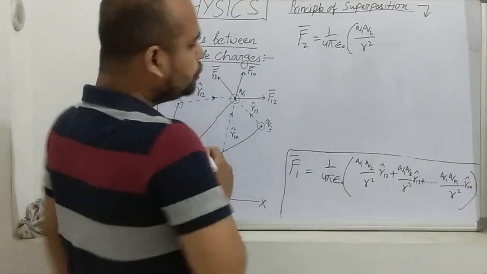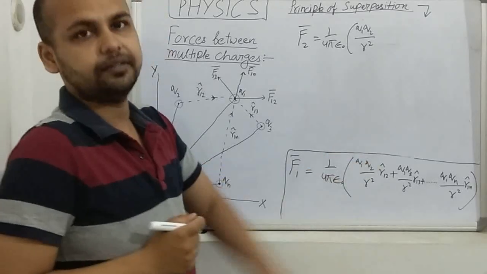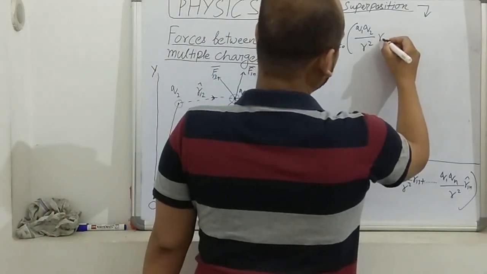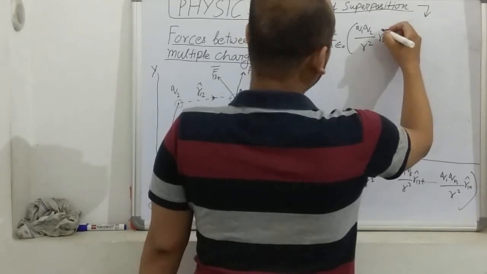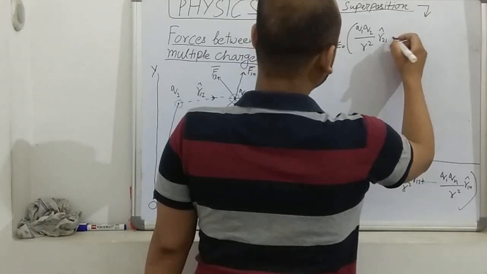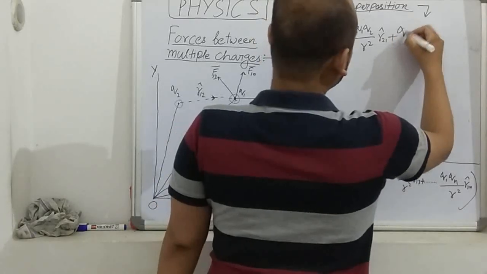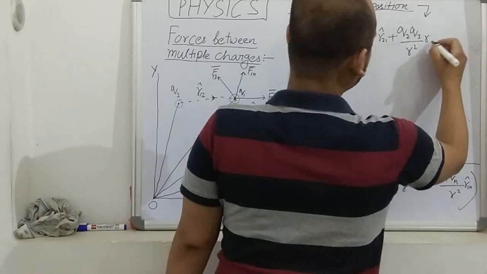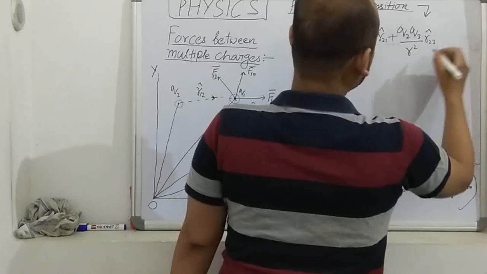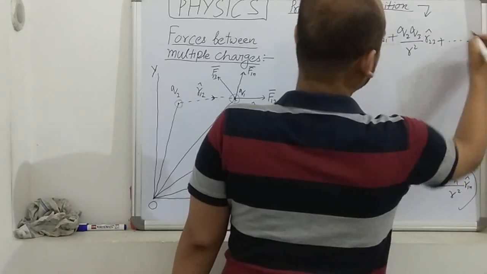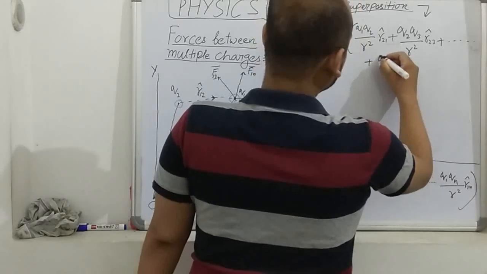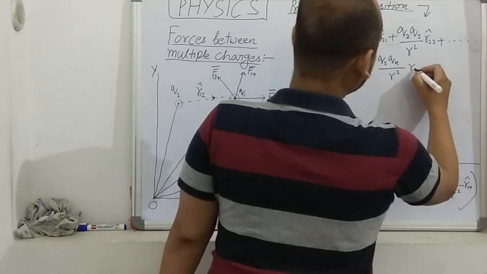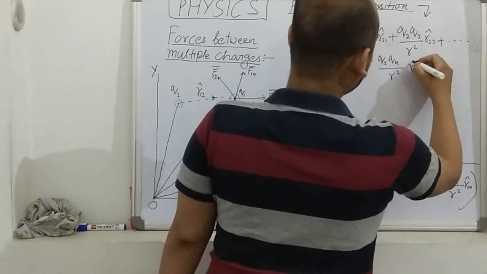Now this unit vector will be R21 cap, as I have told you in the previous video, plus Q2 Q3 upon R square R23 cap plus so on, Q2 Qn upon R square R2n cap.